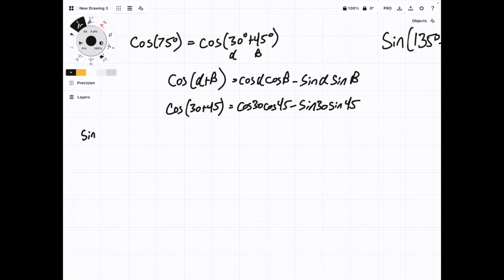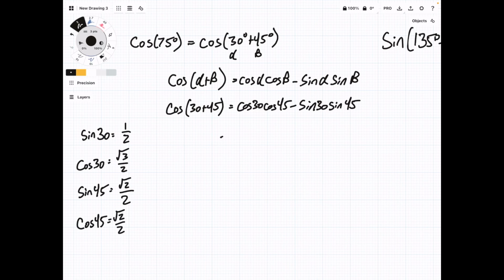So sine of 30 is equal to 1/2. Cosine of 30 is equal to square root of 3 over 2. Sine of 45 is equal to square root of 2 over 2, and cosine of 45 also equal to square root of 2 over 2.